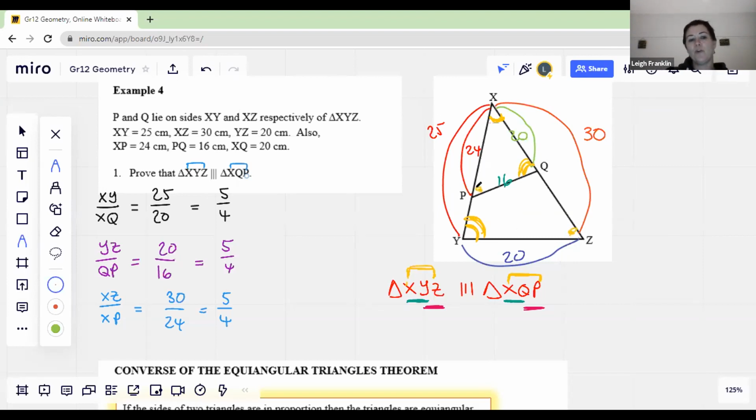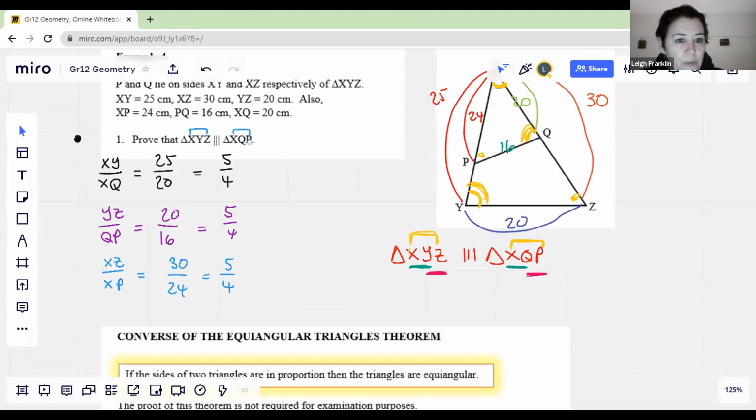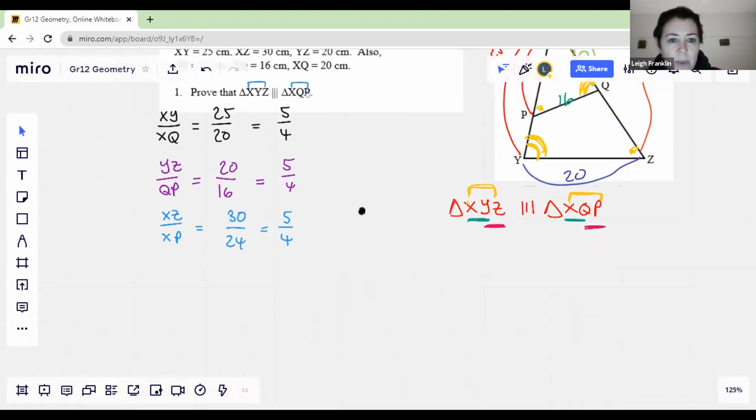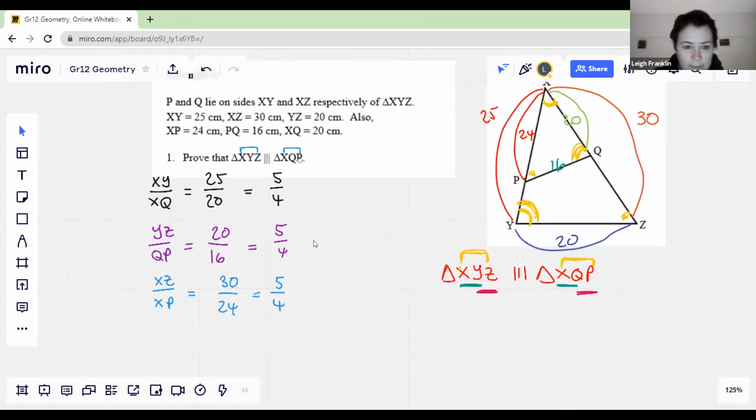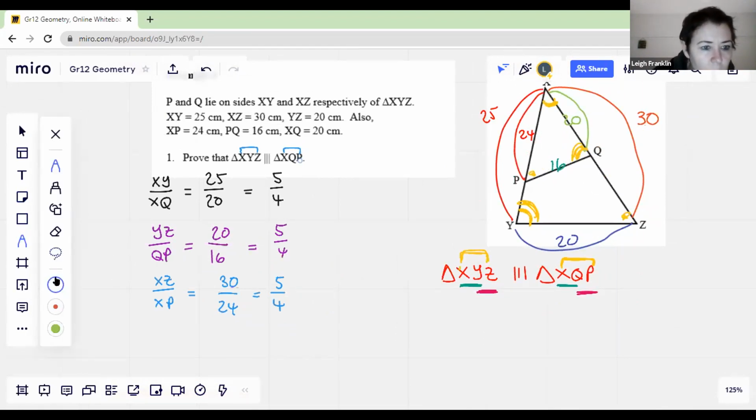Now that you've proved that all corresponding sides are in the same proportion, Matrix, you are allowed to conclude. Therefore, XY over XQ equals YZ over QP equals XZ over XP.